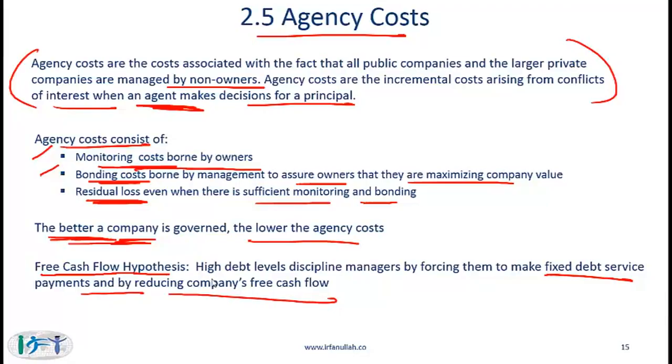Some people argue that, look, one way to keep management from spending money on projects that they should not be spending money on is by taking on a lot of debt. Because when there is debt, then management will spend money carefully and not put money on projects which have maybe negative NPV.